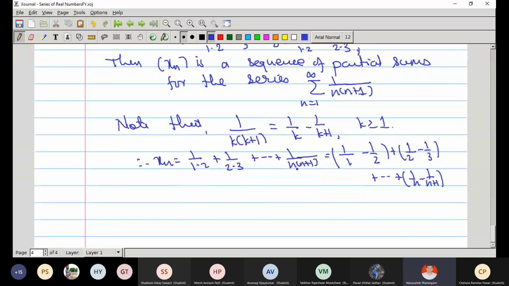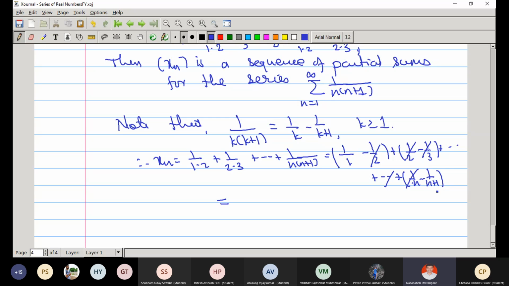Due to this splitting, what happens? The second term in the previous bracket cancels with the first term in the next bracket. So 1 by 3 cancels with the 1 by 3 in the next bracket, and 1 by n, the first term in this bracket, cancels with the second term in the previous bracket.